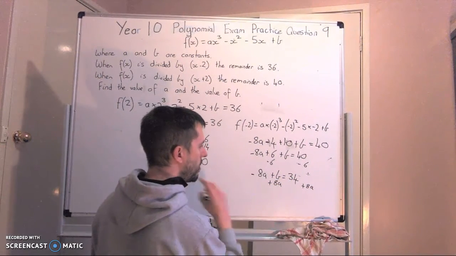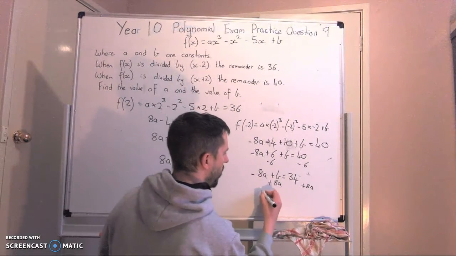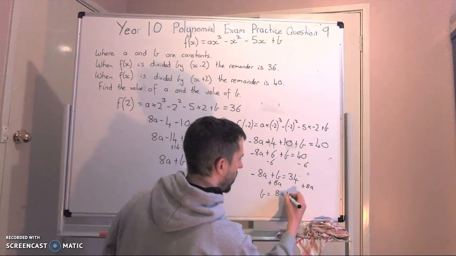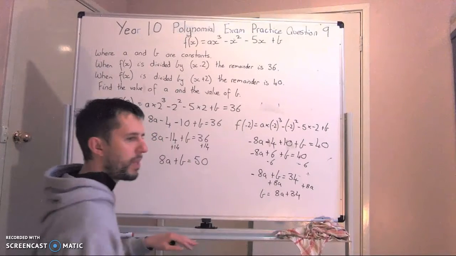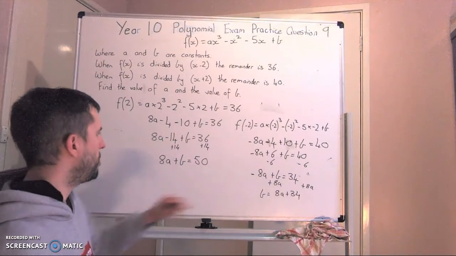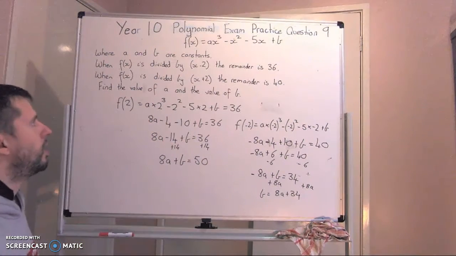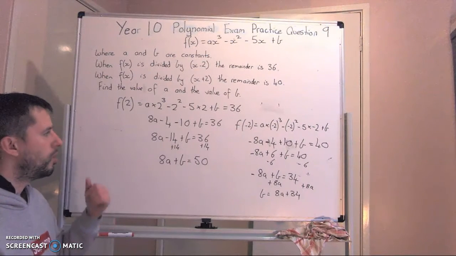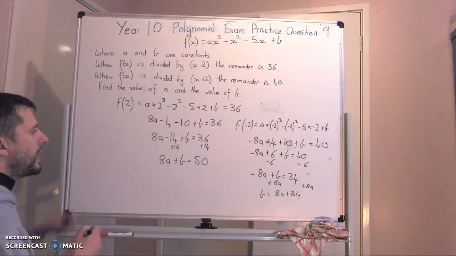That gives me the value of b is equal to 8a plus 34. Now we can see we've got b by itself. So this is using a simultaneous equation to work out the values of a and b.